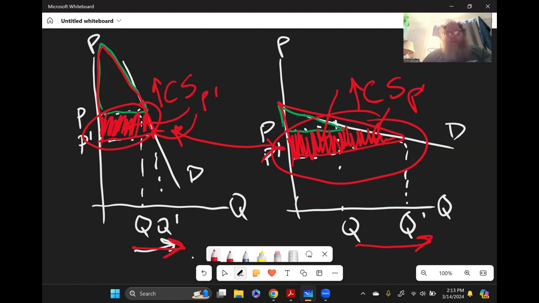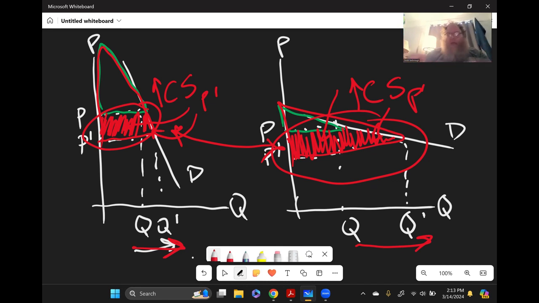What that would imply is that when the prices fall in the non-steep market, you get a lot more consumers willing to buy the good than you do when the demand is very steep, which should make a lot of sense. So basically, at price P there were a lot more people unwilling to buy the good in the flat demand curve, and then when the price changed, a lot more people were willing to buy the good at P prime than they were willing to buy at P.